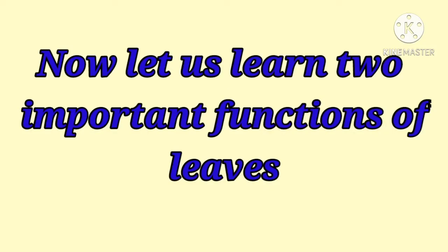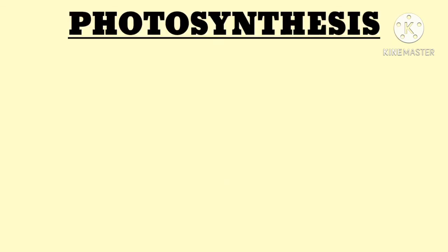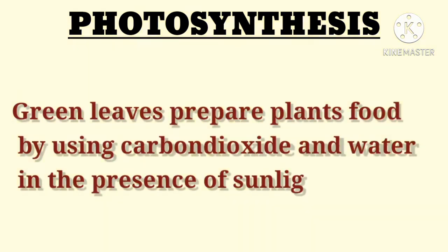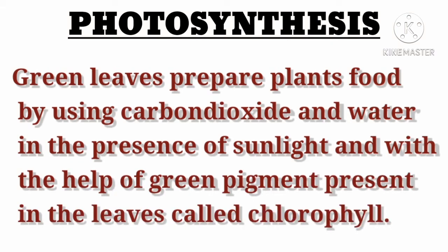Now let us learn two important functions of leaves. Important functions of leaves are photosynthesis and transpiration. Now, let us learn what is photosynthesis. Green leaves prepare plants' food by using carbon dioxide and water in the presence of sunlight and with the help of green pigment present in the leaves called chlorophyll.